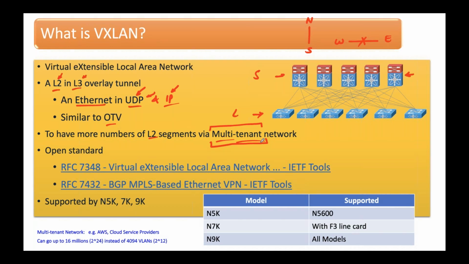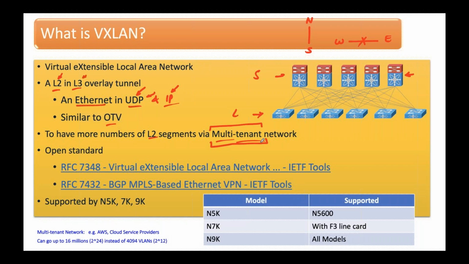OTV stands for Overlay Transport Virtualization, which is Cisco's overlay technology, available only on Cisco Nexus switches. Now, in our CCIE Data Center version 3.0, this is removed from the blueprint.